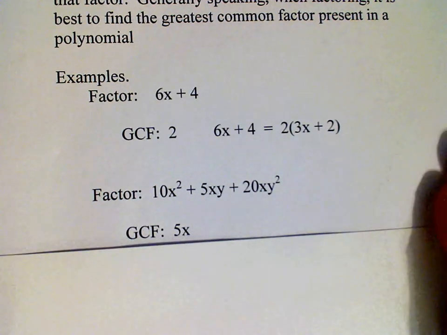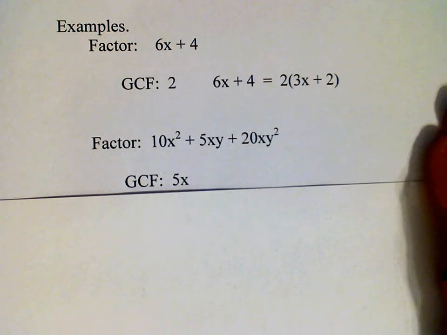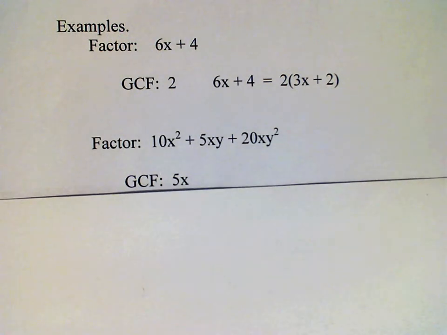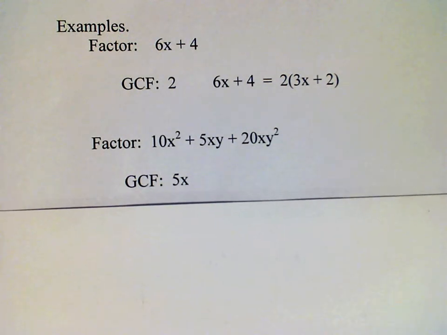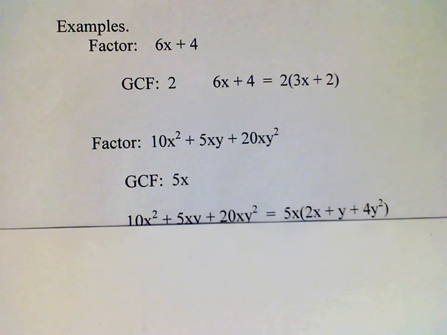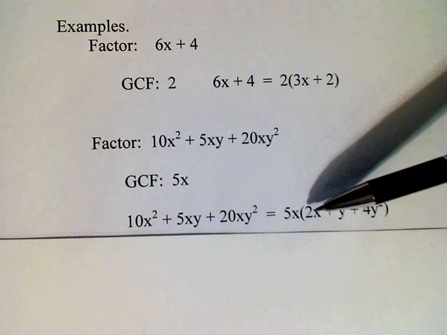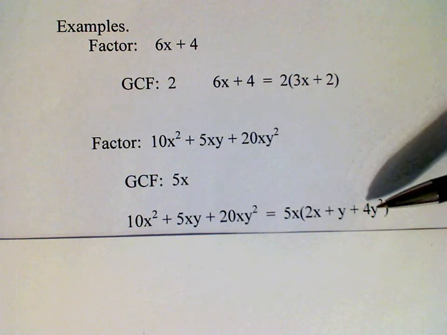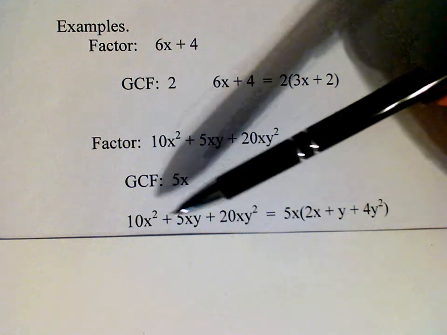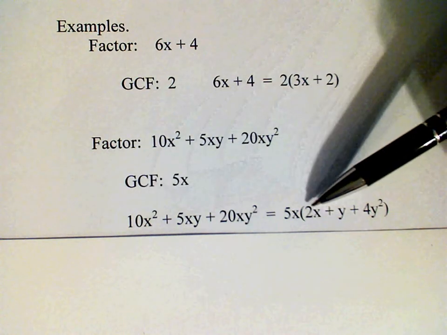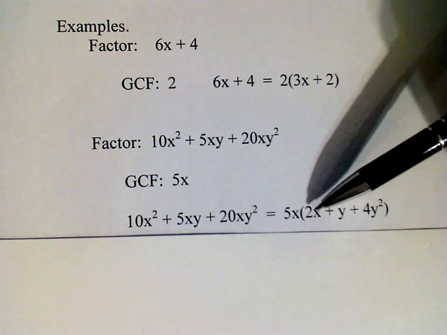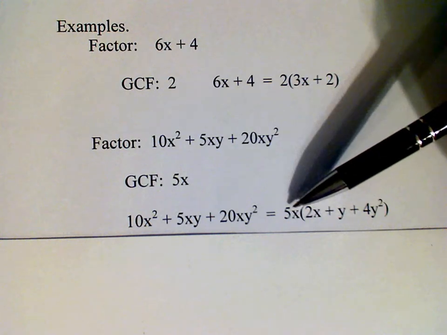And once we identify that greatest common factor, then we write it down, and then a set of parentheses, and inside the parentheses we write the factors that remain once 5x is pulled out. So from the 10x squared we have 2x remaining because 2x times 5x is 10x squared.